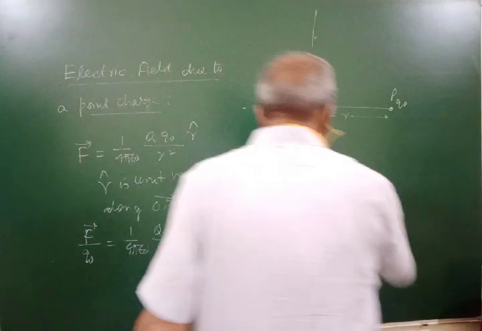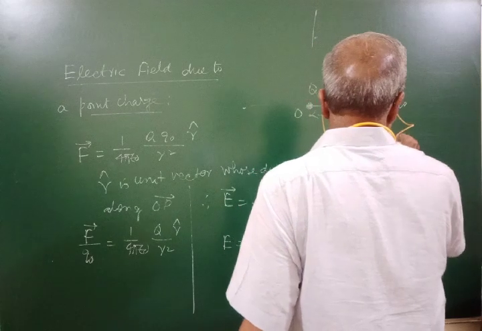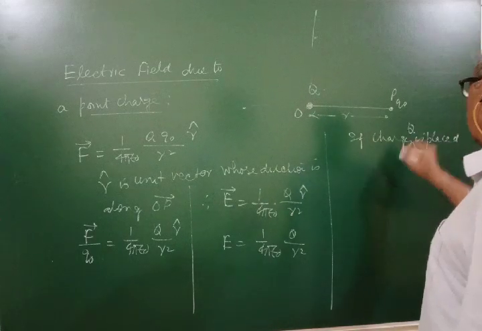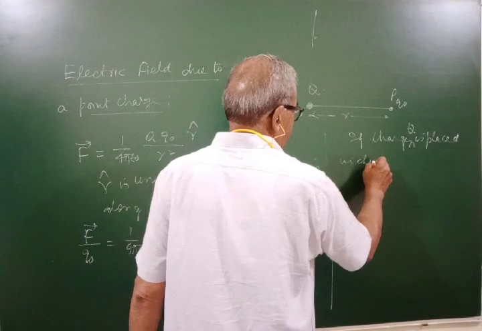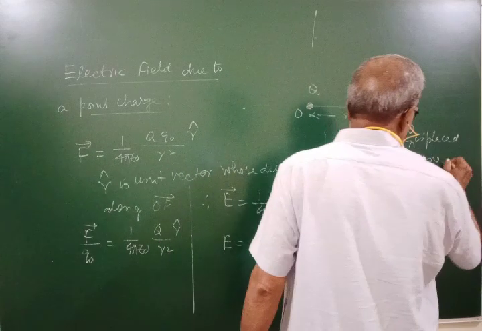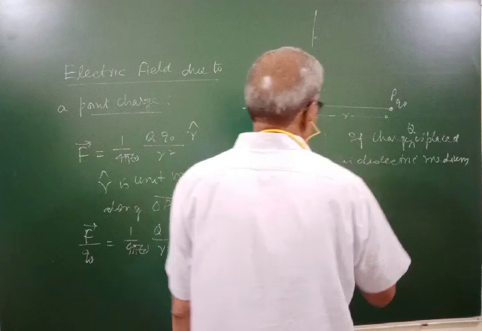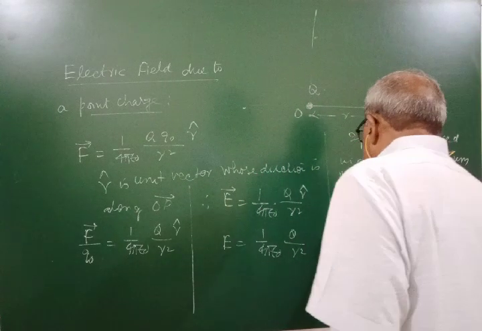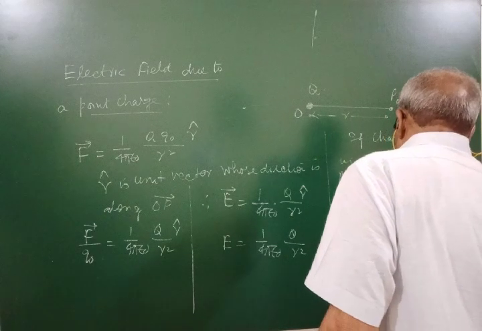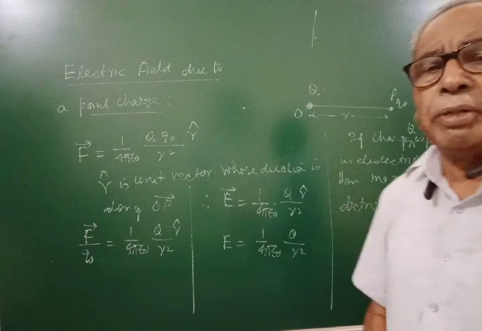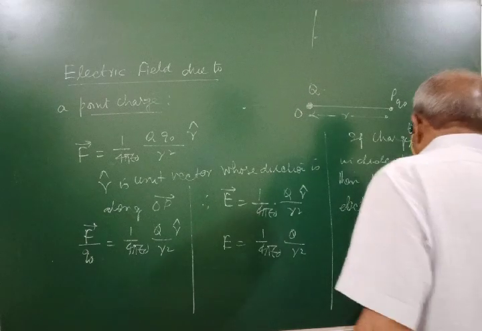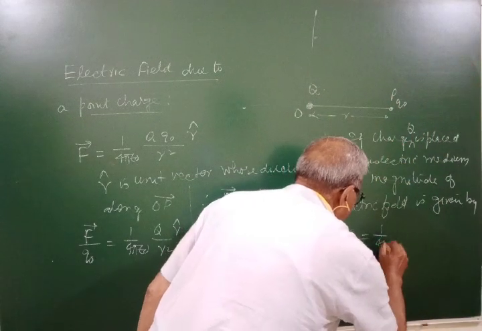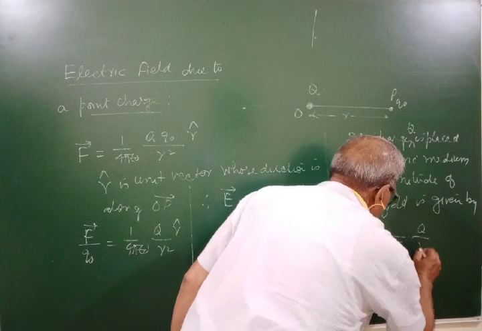If the charge Q is placed in a dielectric medium, then the magnitude of the electric field is given by E equal to 1 upon 4 pi epsilon 0 K Q upon r square.